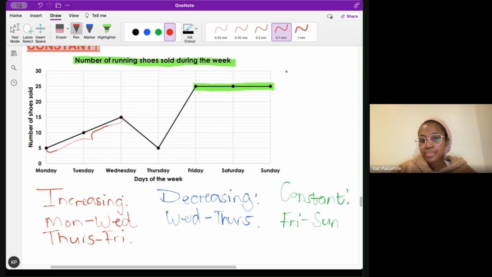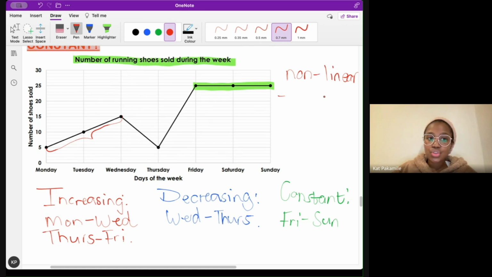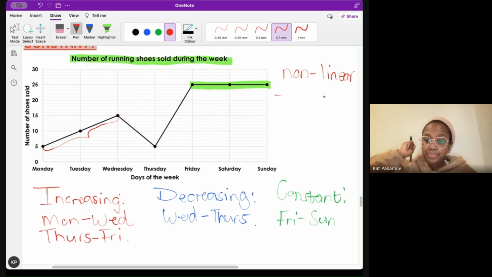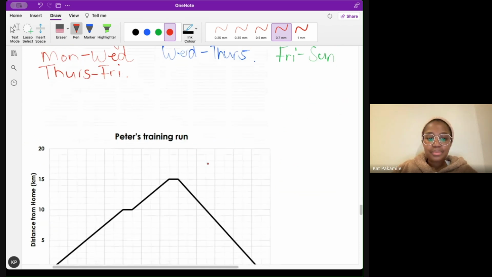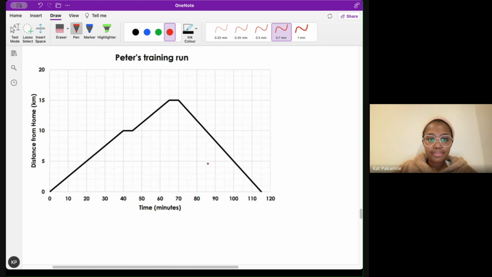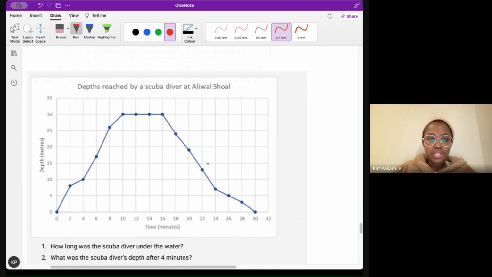You guys are correct. This is non-linear because you need to know your reasons. Why is it not linear? That's true. The rate isn't constant because it changes direction. Right. Okay, we'll come back to Peter and his run.